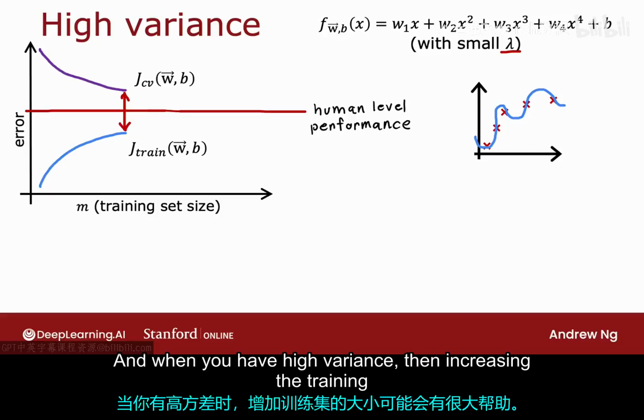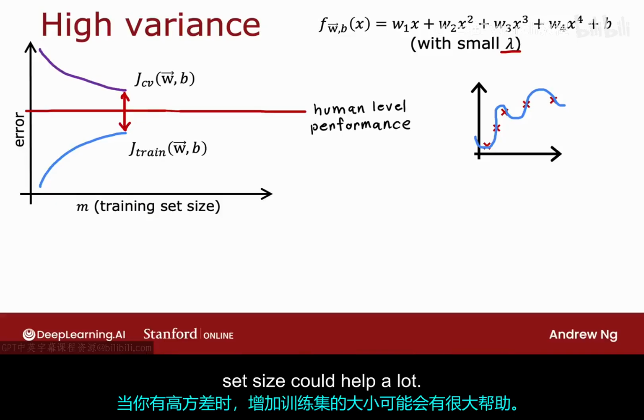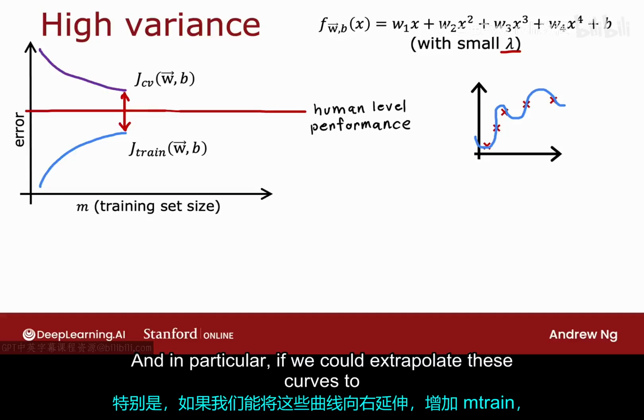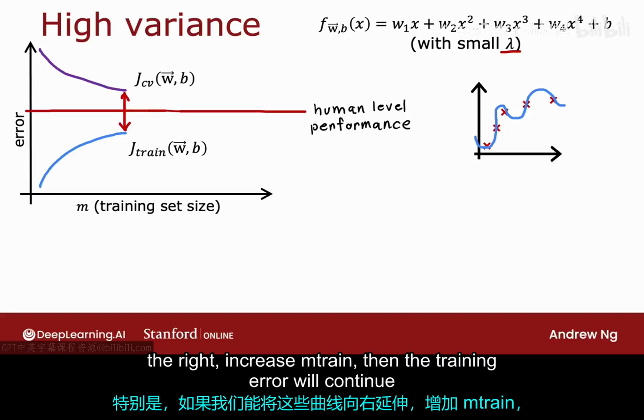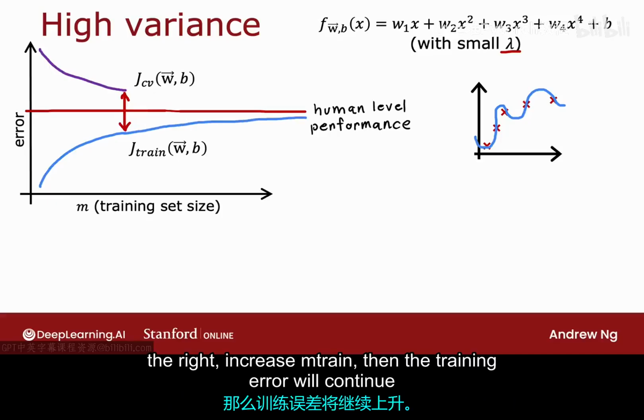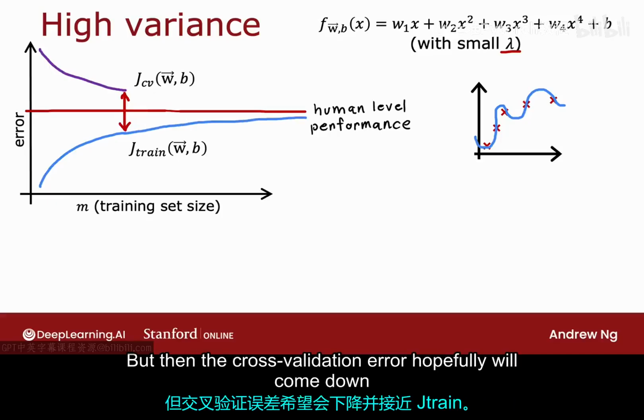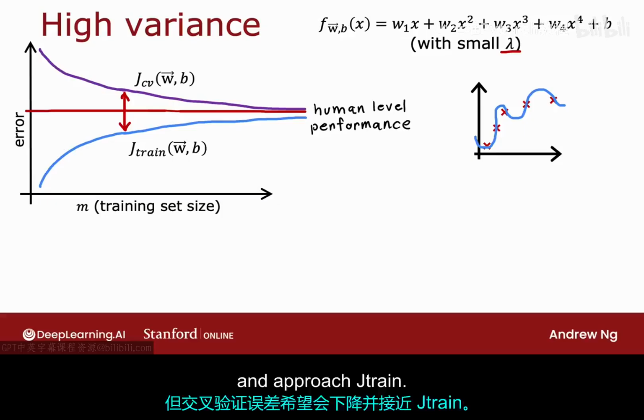And when you have high variance, then increasing the training set size could help a lot. In particular, if we could extrapolate these curves to the right, increase m train, then the training error will continue to go up, but then the cross-validation error hopefully will come down and approach J train.